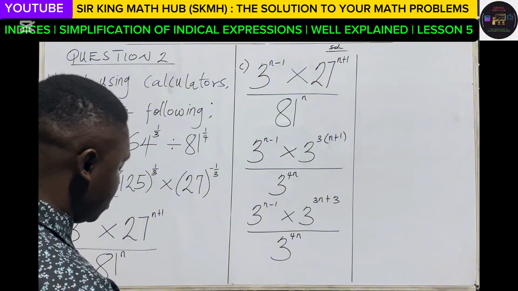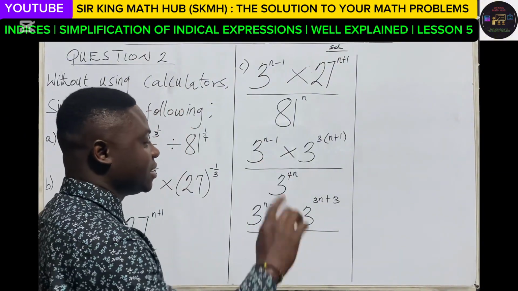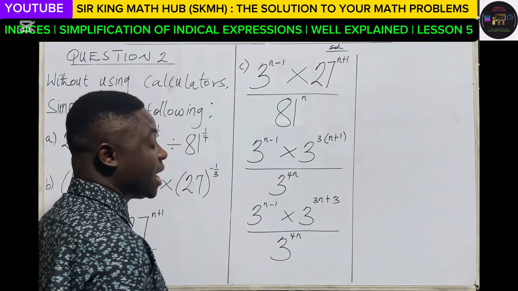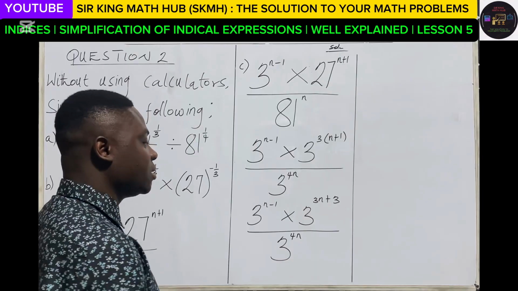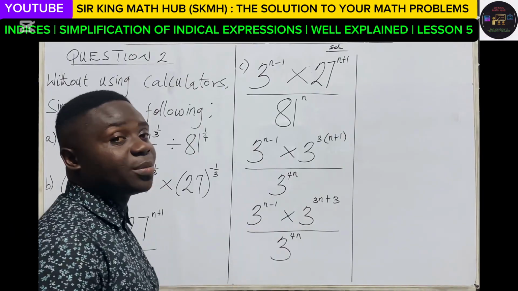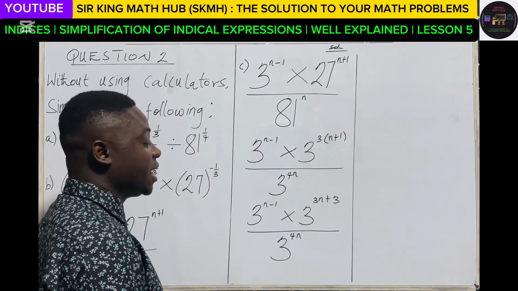Now I want us to write the numerator as a single index by applying the first law of indices. Remember, for the first law of indices, when the bases are the same and they are multiplying, you write one of the bases and add the exponents.